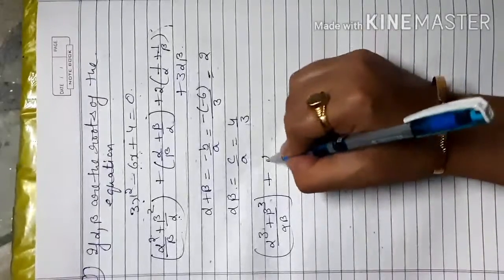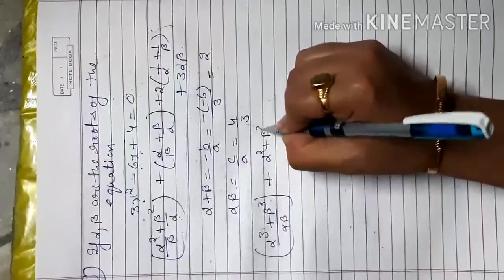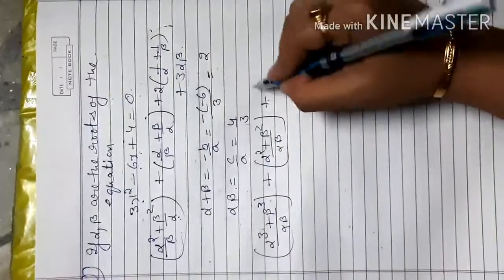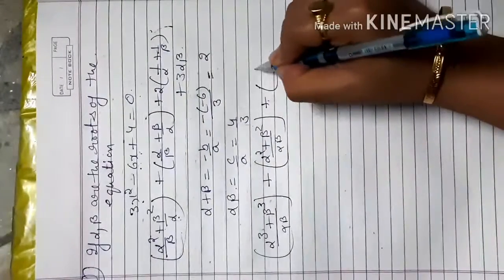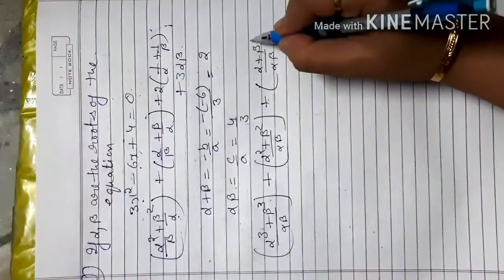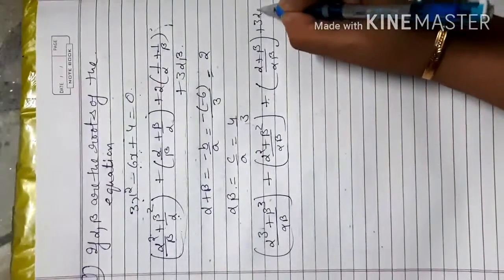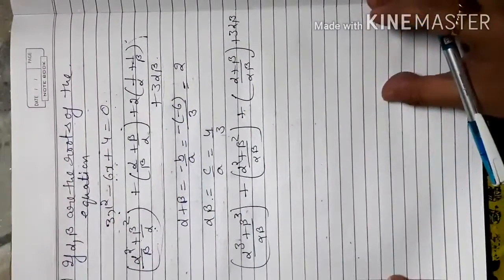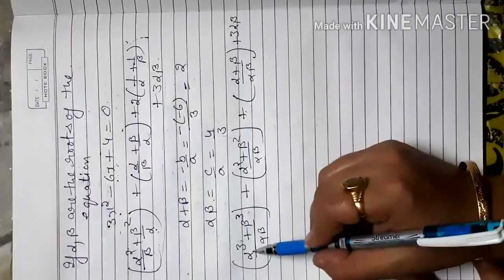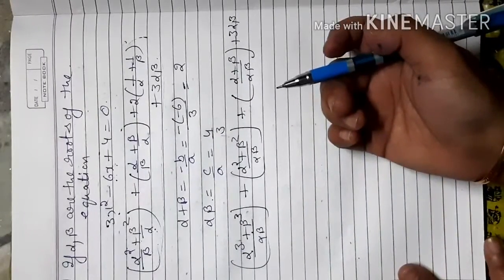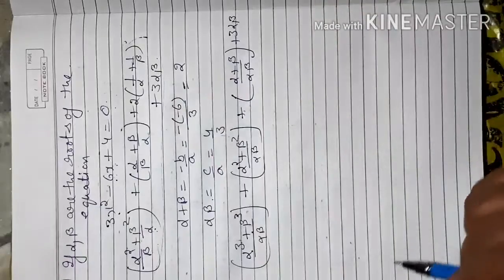Here also alpha square plus beta square by alpha beta, and here also alpha plus beta by alpha beta, plus 3 alpha beta. Now what you will do, here we apply our a cube plus b cube formula in form of alpha beta.